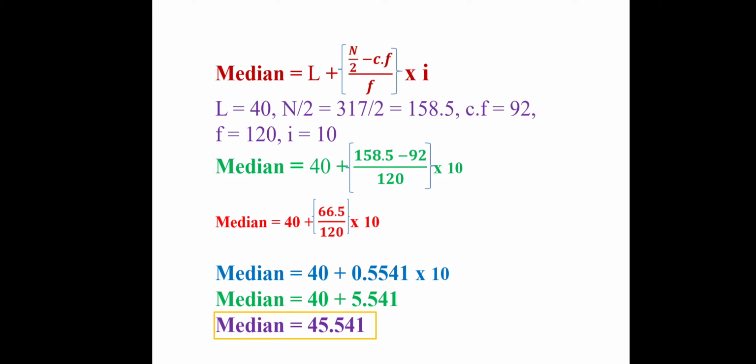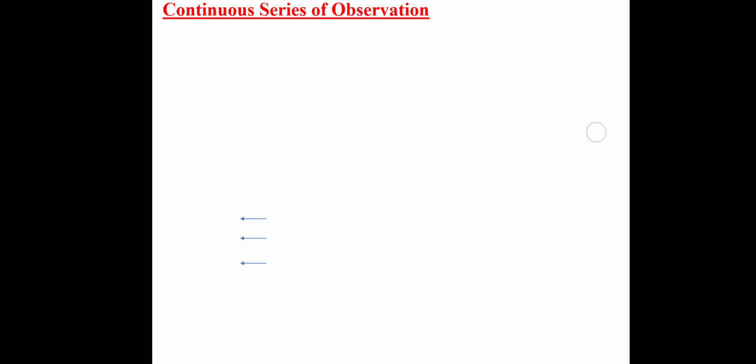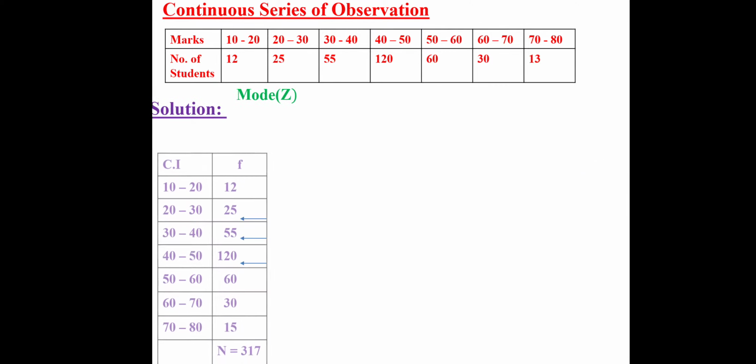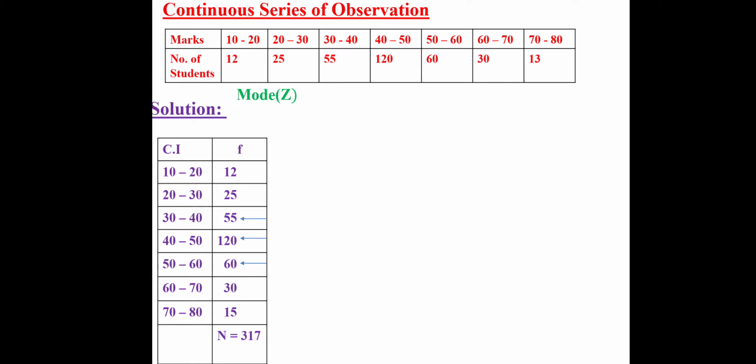Next we are going to find the mode. How to find the mode in a continuous class interval type, a continuous series of observation? We write it as it is in vertical form. The maximum value in frequency we consider as f1.